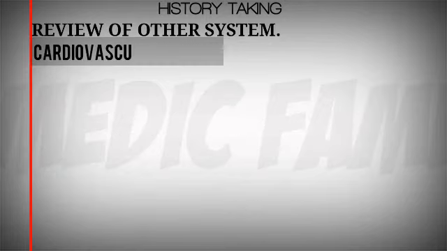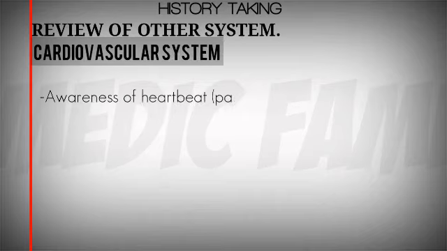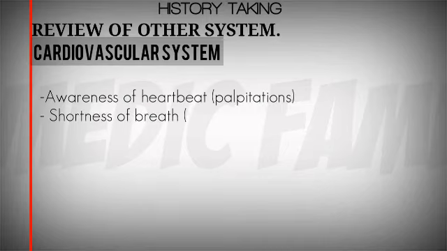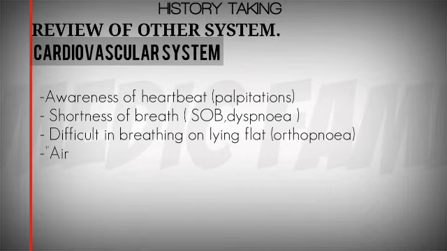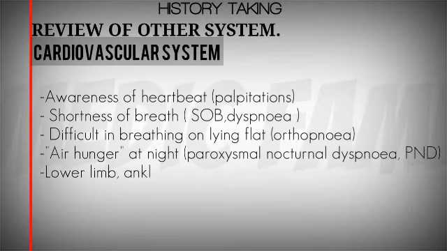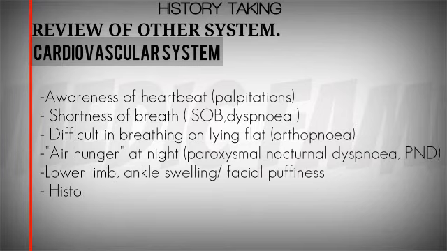On cardiovascular system, common things to ask are awareness of heartbeat, shortness of breath, difficulty in breathing on lying flat, air hunger at night, lower limb swelling, ankle swelling or facial puffiness, and also history of bluish discoloration.